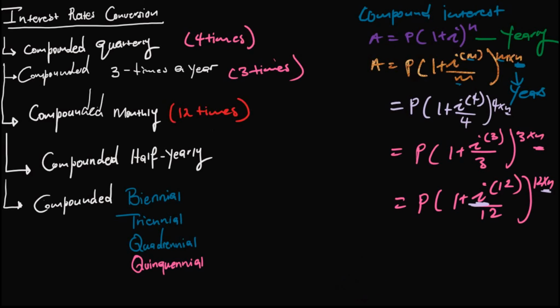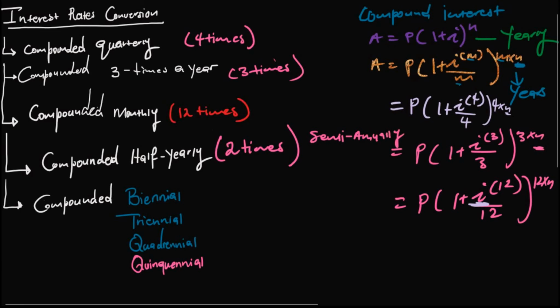So now we're going to move on to half yearly. For half yearly, we know that this is 2 times a year, and you can say half yearly or you can say semi-annually. If you say semi-annually, it's just the same as half yearly.